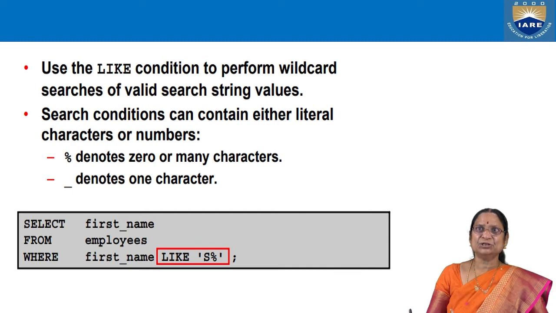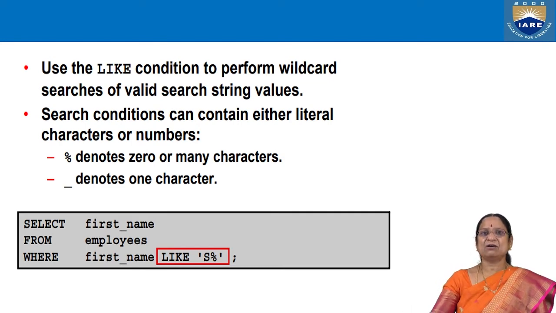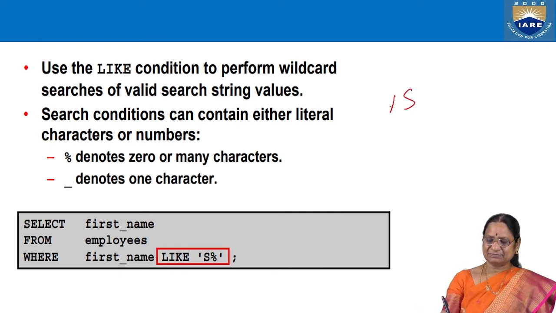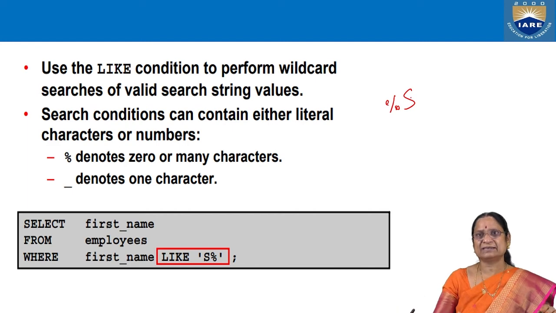Use this LIKE condition to perform wildcard searches of valid search string values. Search conditions can contain either literal characters or numbers. Generally, percent denotes 0 or many characters. Underscore denotes one character. Just now explained. For example, display all employees whose names end with S. End with S means what are the remaining first characters?